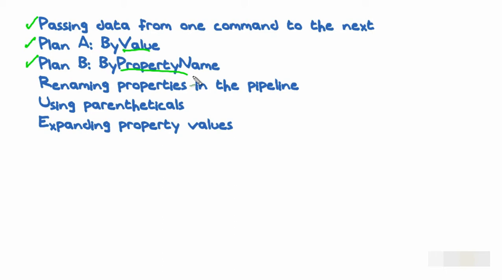Now, when you need to do by property name and your property names don't line up, I showed you how to use that hash table trick to rename properties midway in the pipeline so that you could connect command A to command B. Now, when a parameter doesn't accept pipeline input at all, I showed you how to use parentheticals instead, and in those, you'll often find that you need to expand or extract those property values.